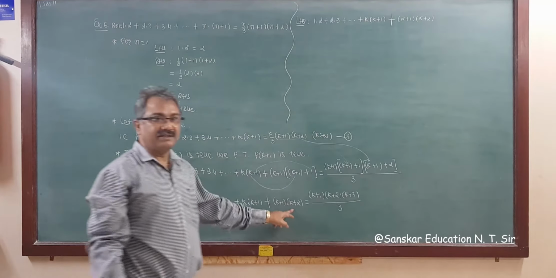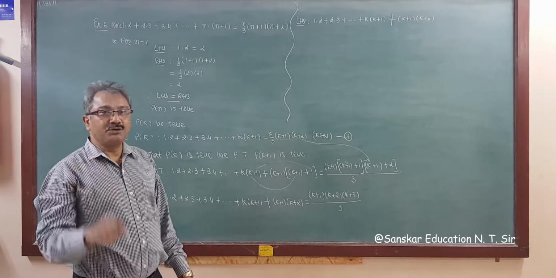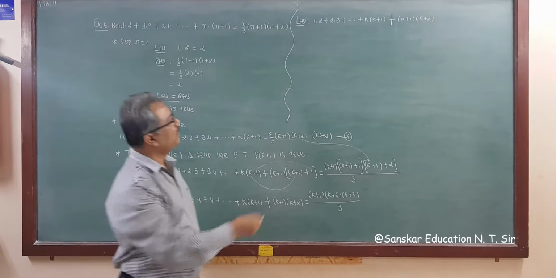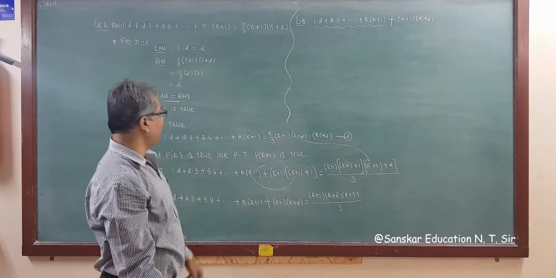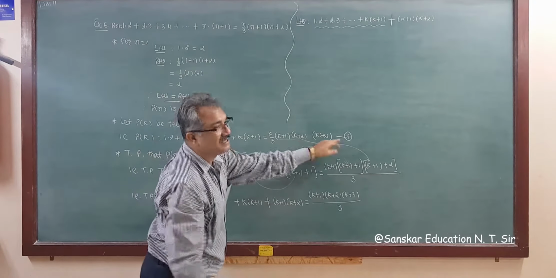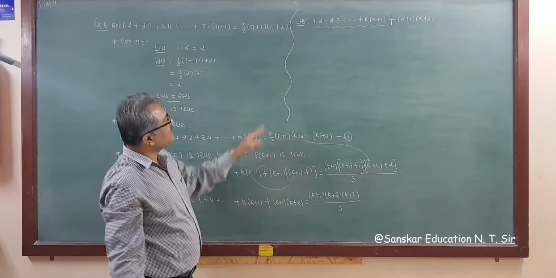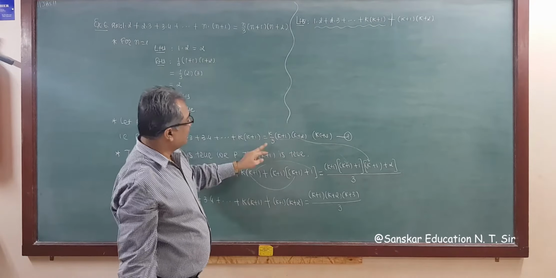This is our left hand side, right? Now as you know, the sum up to the second last term, that is from first to this k into (k plus 1), is always result number 1. So what is the answer of this? It is k by 3, so this is equal to k by 3, (k plus 1).